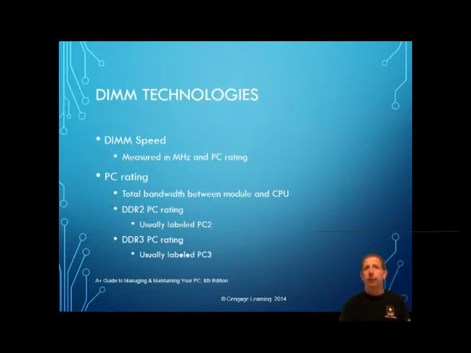Now, a couple of current PC ratings for DDR2 memory are PC2 6400 and PC2 5400, and the DDR memory might be rated as PC 6400 or PC 4000, PC 3200 or PC 2700. An older 168-pin SDRAM DIMM might run at PC 100 or PC 133.